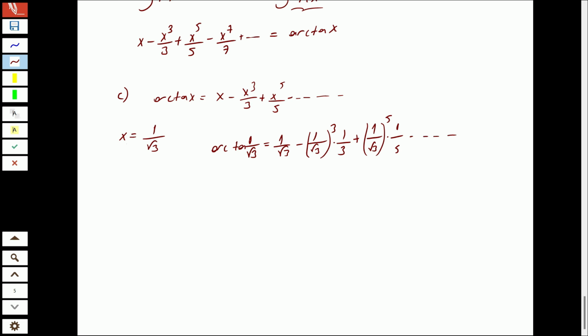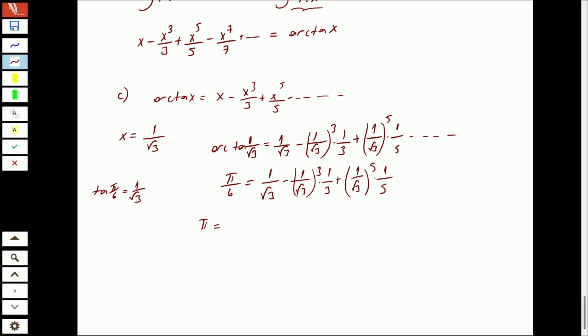And I know that arctangent 1 over square root of 3 is pi over 6, right? Because tangent pi over 6 equals 1 over square root of 3. And I can write the remaining terms the same. So we are looking for the approximate value of pi. In this case, I will multiply both sides by 6 to find this value.